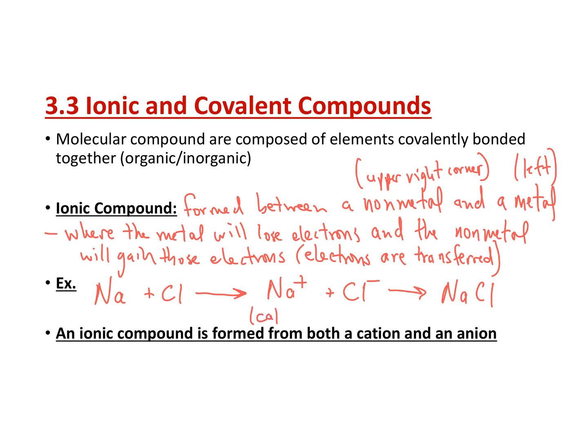So sodium is our cation, and chlorine is our anion. But the important thing is sodium was neutral, chlorine was neutral, sodium lost an electron, becoming sodium plus 1, chlorine gained an electron, becoming chloride.